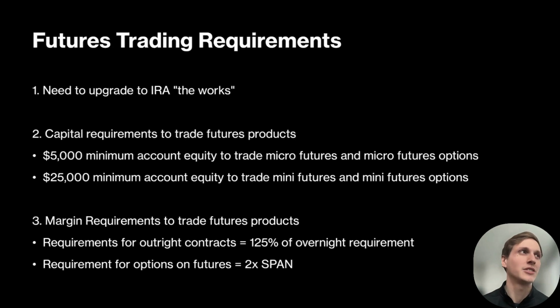Essentially your account's net liquidating value, or value if you were to close all positions at the current mid price, is 5K or more. That's to trade the smaller products like the minis, mini corn, all that stuff. Yeah, MES, MNQ, some of those more popular micro ones.